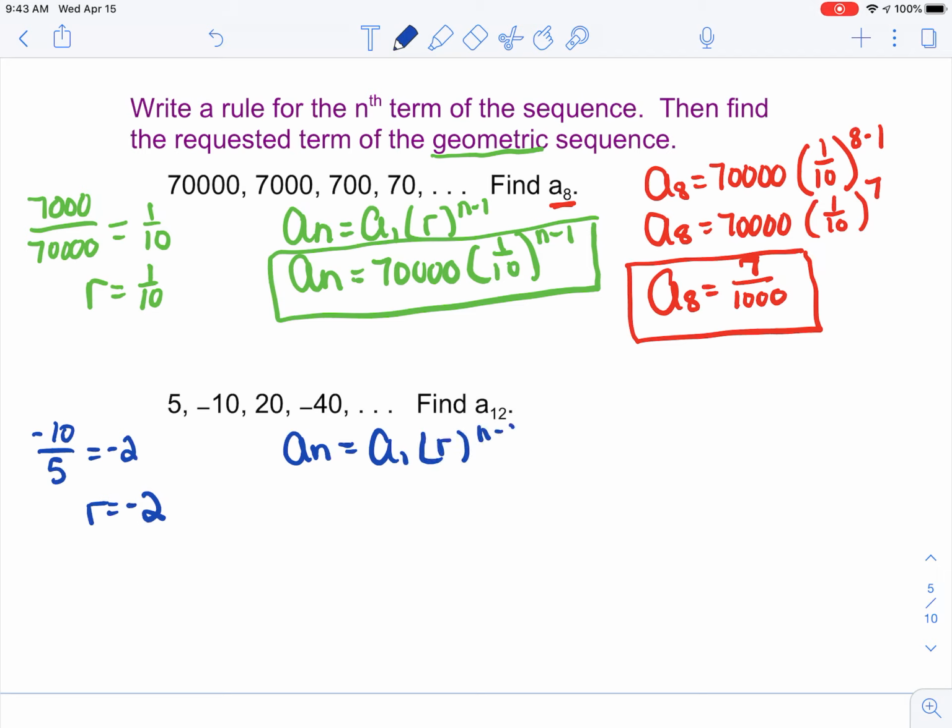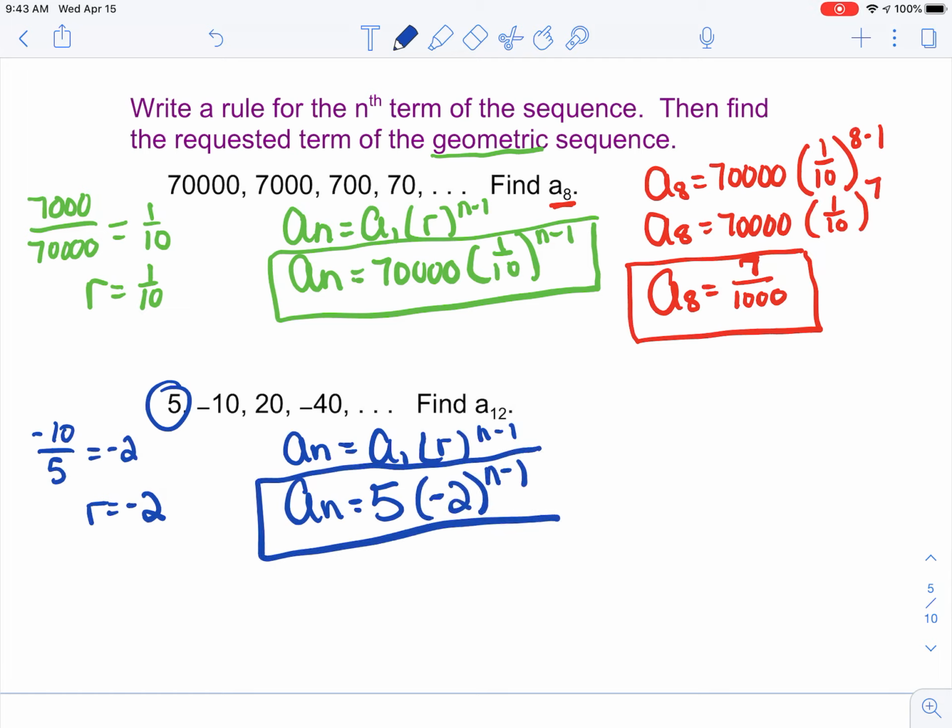A sub n equals A sub 1 times R to the n minus 1. A sub n equals, what's my first term? It's 5 times -2 to the n minus 1. On our rules, we leave the n in there, because it's going to be an equation.